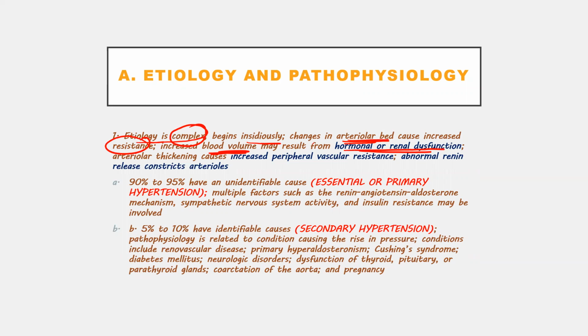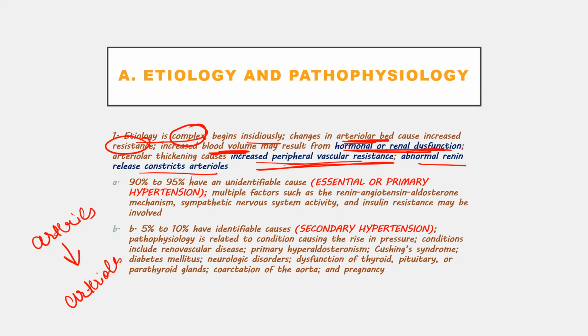So these changes in the blood vessel, or we can say in the circulatory system, can be due to the renal dysfunction or hormonal dysfunction. Arterial thickening causes increased peripheral vascular resistance. So when there are arteries which are further branched into the arterioles, and these arterioles get thick, this thickness causes increased peripheral vascular resistance, or abnormal renin release constricts the arterioles.